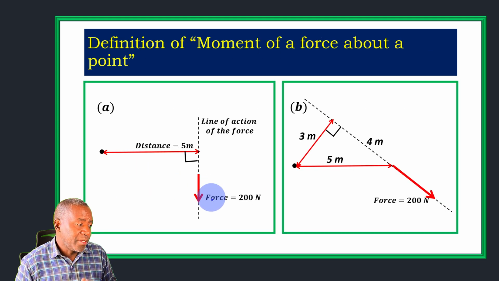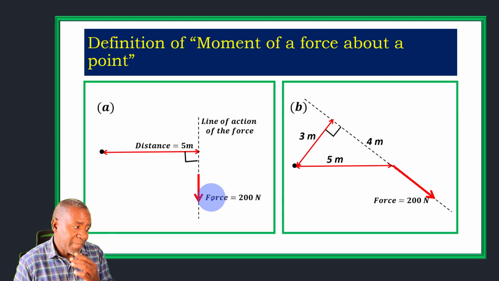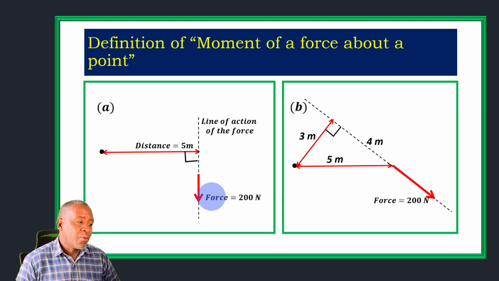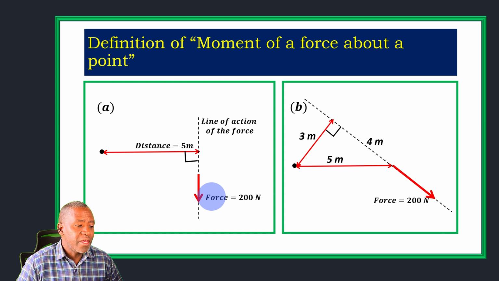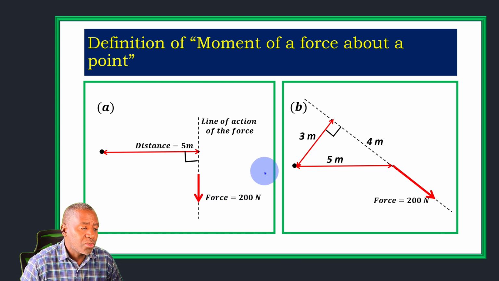And then, in order to understand this more clearly, you may want to ask yourself, how about if the force and the distance are not at 90 degrees to each other? Like for example, this distance of 5 meters is not at 90 degrees to the force. What do you do? You've got to look at the diagram carefully and see which distance to use.